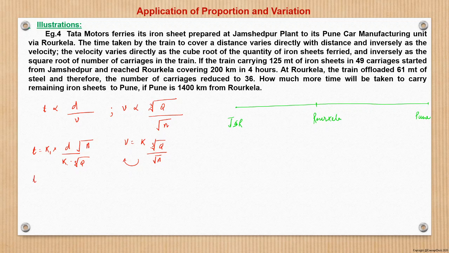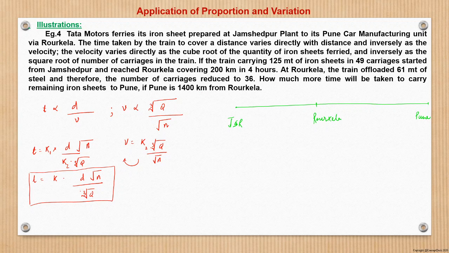So now see, this k1 is a constant, k is another constant. This I can write as, say, another single constant k into d root n upon cube root q. So this is the final form of variation of time with respect to different variables, right?